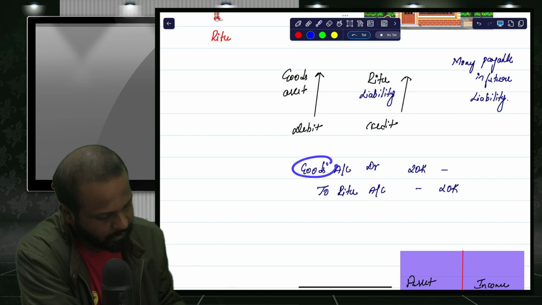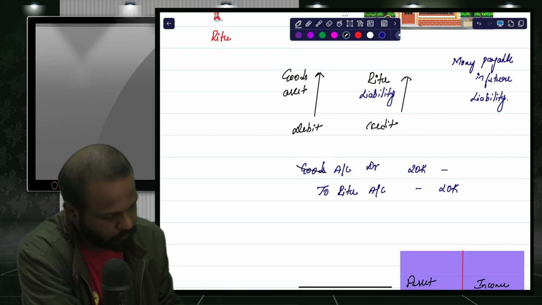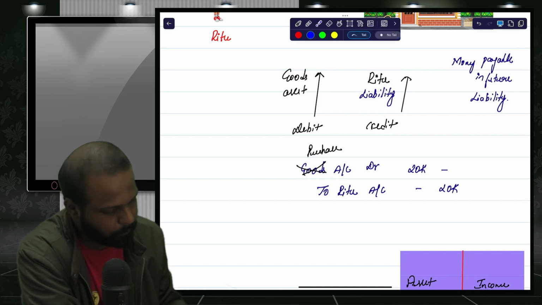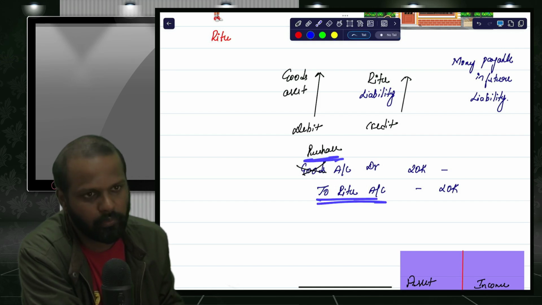But we know that we cannot write the name goods. As we are buying the goods, purchasing the goods, we write a name called purchase. So purchase account debit to Ritu account.